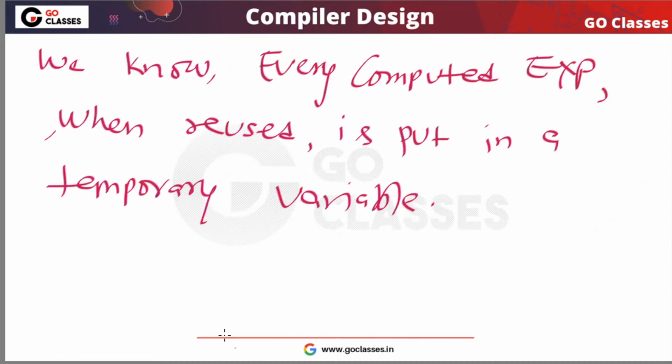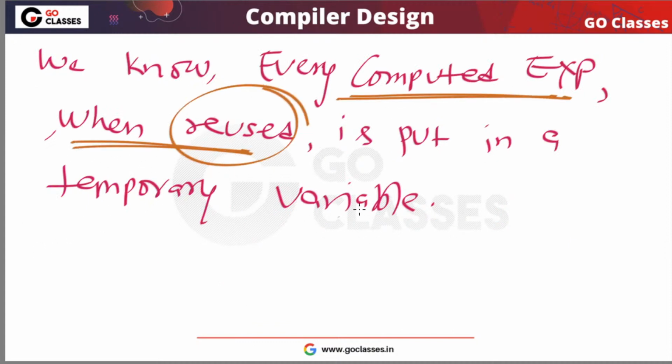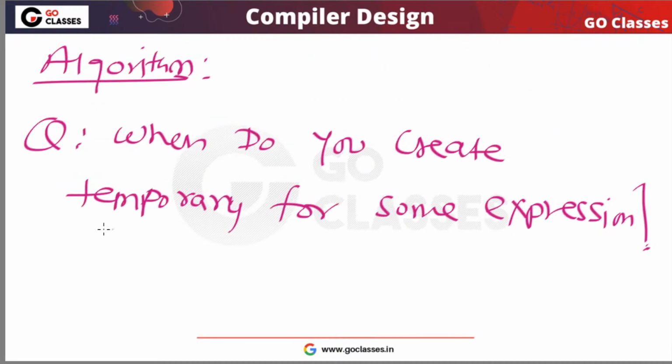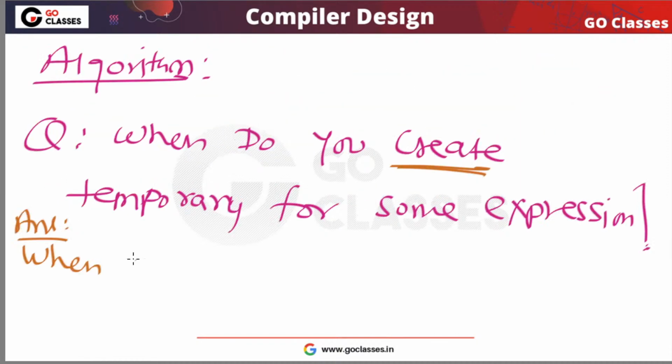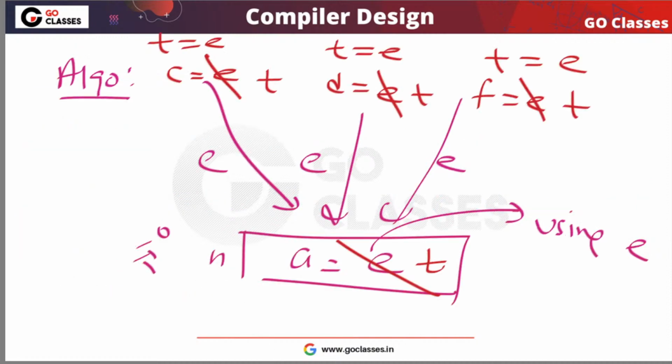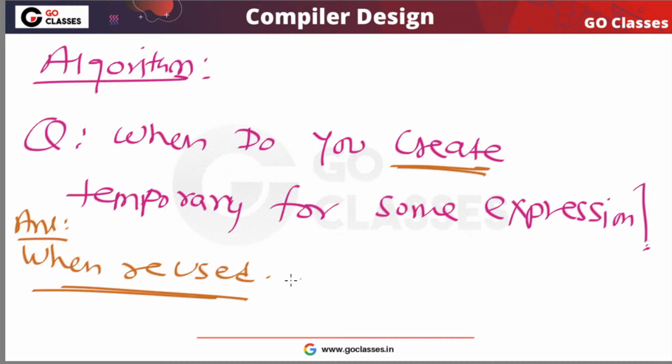So I told you that we know every computed expression, when reused, is put in a temporary variable. So when do we create a temporary variable for some expression? When it is reused, yes or no? From the algorithm you can notice, when reused, whenever you are reusing, you go back and create a temporary variable.